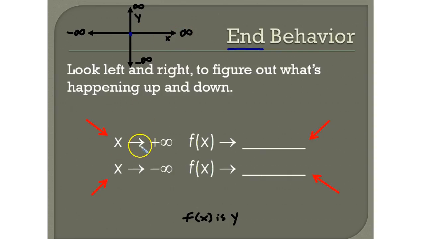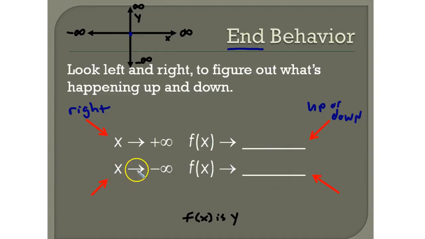So this is our fancy way of saying when you're looking at the right side, what's happening to y? Since f of x is the same thing as y, is your function going up or is it going down? Up is positive, down is negative. So all we want to know here is up or down, and that's really the answer to the question for end behavior: what's happening on the right side.